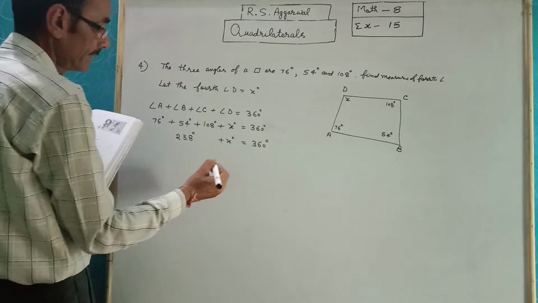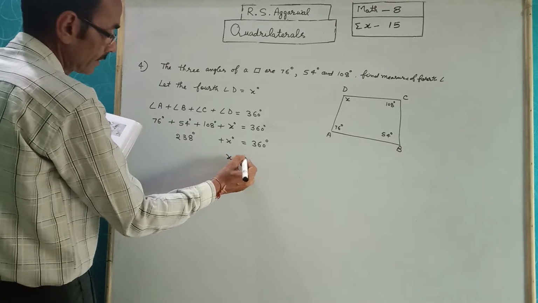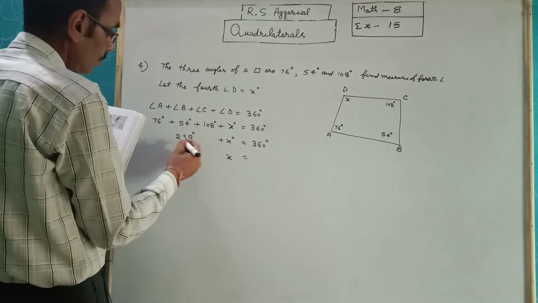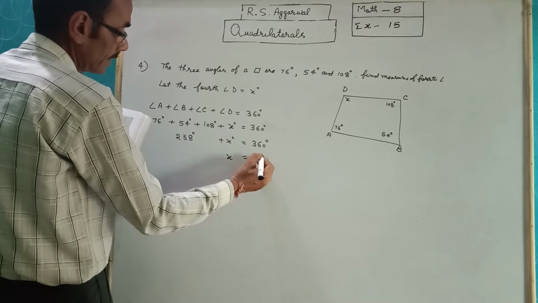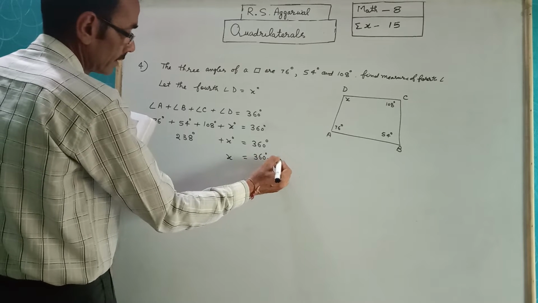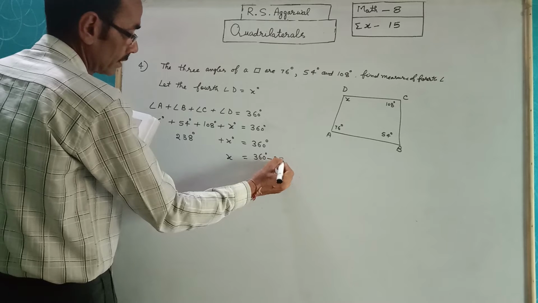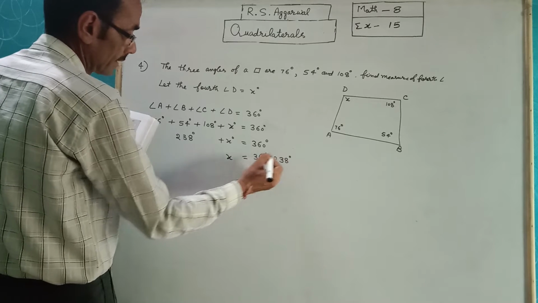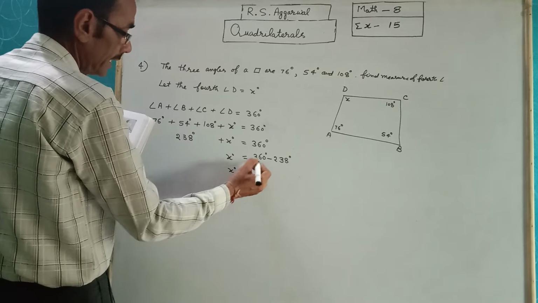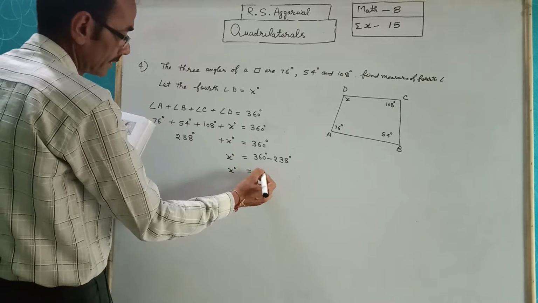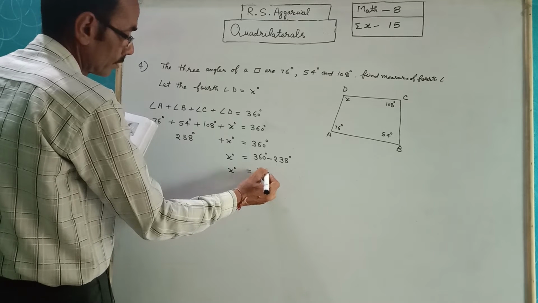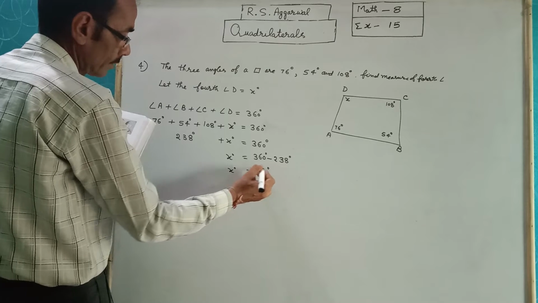X will be 360 minus 238. After subtracting, we get 122 degree.